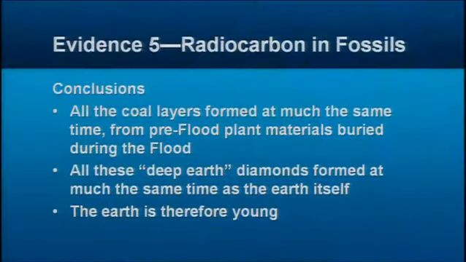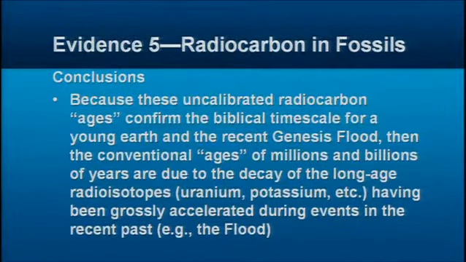And of course, not only were the coal layers therefore formed at the same time during the flood, but these deep earth diamonds must have formed at the same time as the earth itself. And so we got a direct measurement of only thousands, not billions, for the age of the earth.